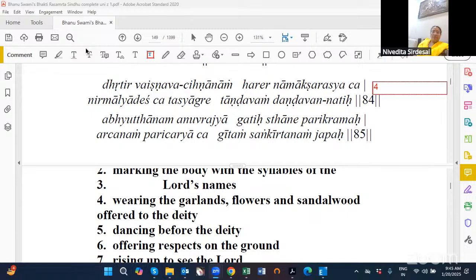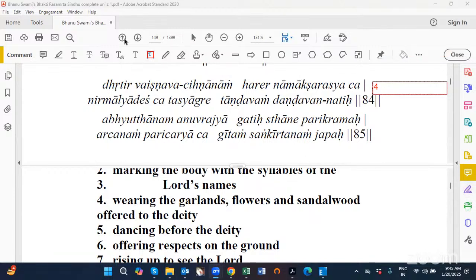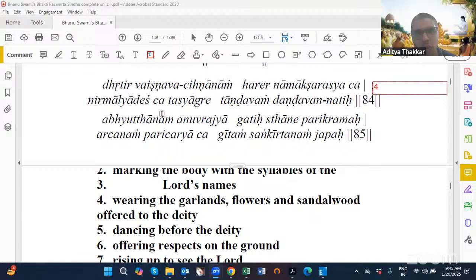Aruna will read first 7. Aruna will read 8 onwards. Pushpa will read. Okay, read. Read Aditya. Read the verses. First 2 verses, 1.2.84 and 85.